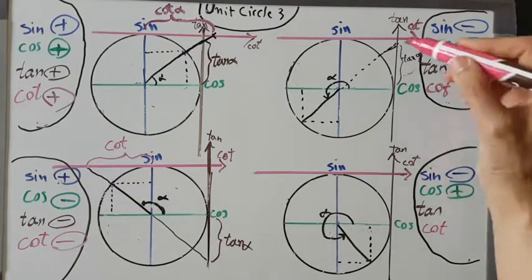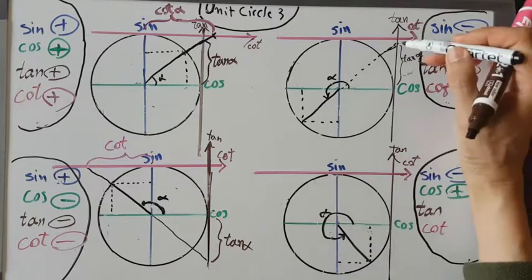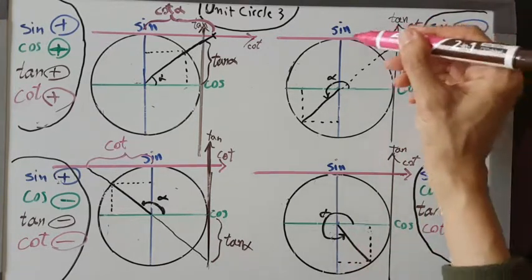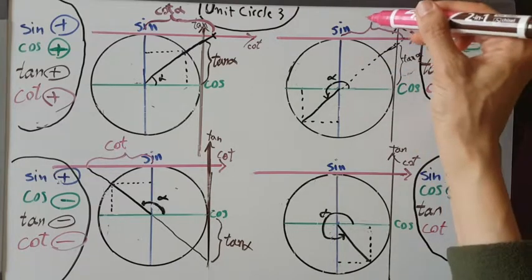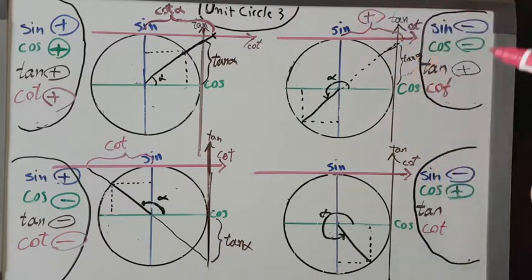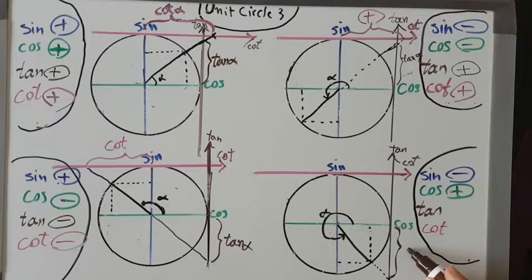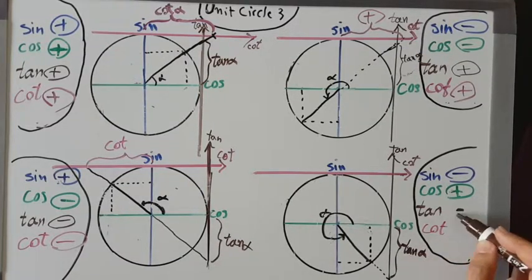And the cotan also, when you continue it, is also positive, right? Interesting. Okay, and then look at this part. You continue this angle to meet the tan, and you can see that the tan of alpha is negative.